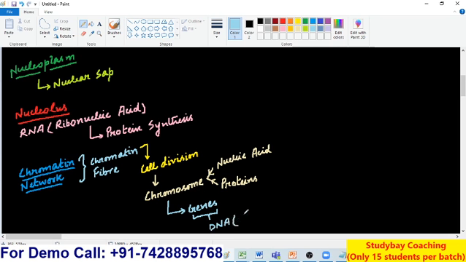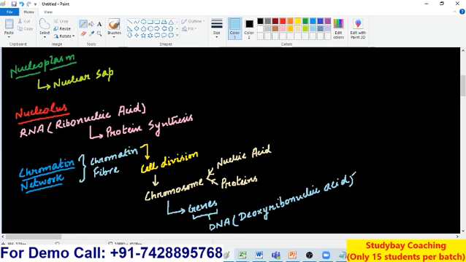This is deoxyribonucleic acid, right? Now these genes are the hereditary unit, and they carry characters from one cell to another cell.